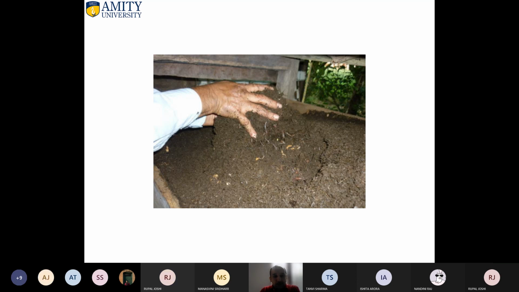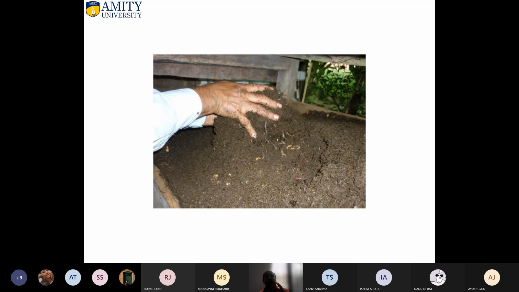Okay. And these worms, you can see the worms inside that compost. So ultimately, when the compost is ready, the worms are separated out. It is shaken over a mesh, the worms stay on top, the compost comes down, and you separate out the worms. And interestingly, you will be happy to know that the worm number increases by itself.